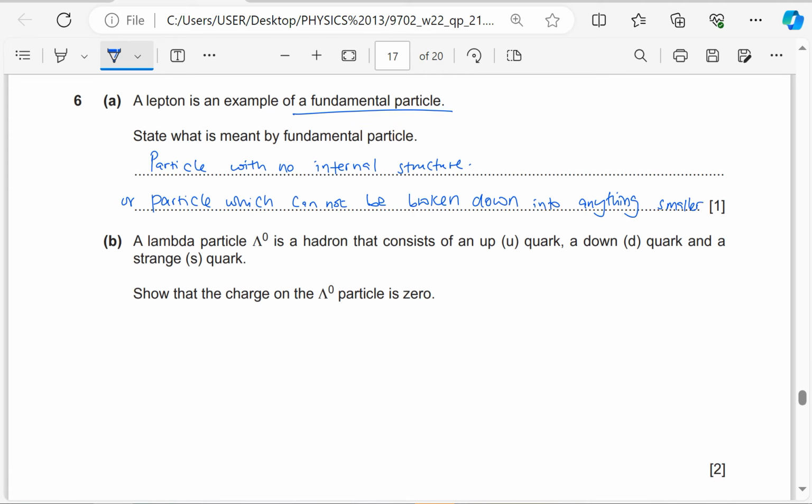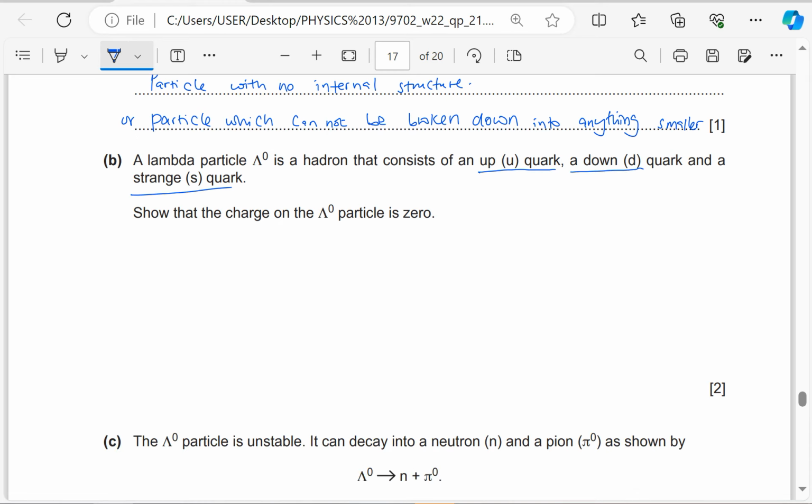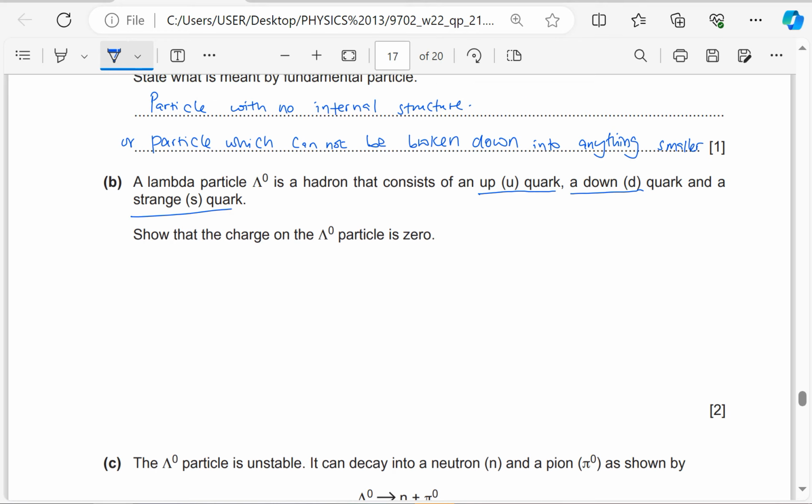Okay, then a lambda particle is a hadron that consists of an up quark, a down quark, and a strange quark. Show that the charge of the lambda particle is zero. Of course, we know the charges. We know that charge of up is plus 2 over 3e. Charge of down is negative 1 over 3e.